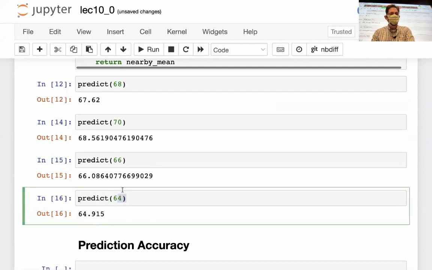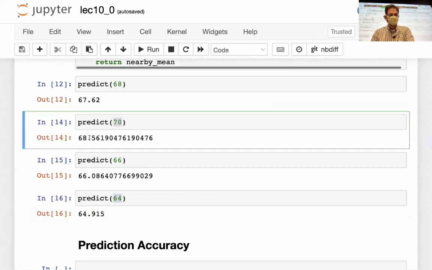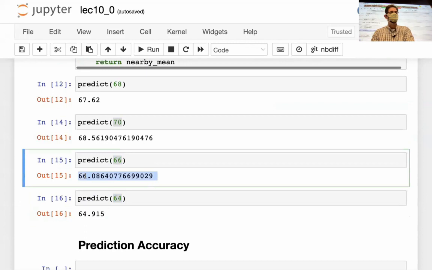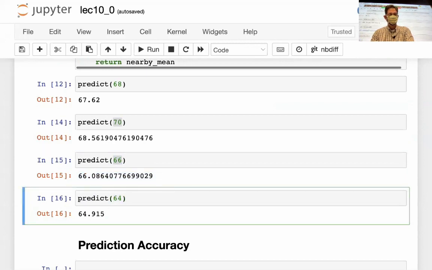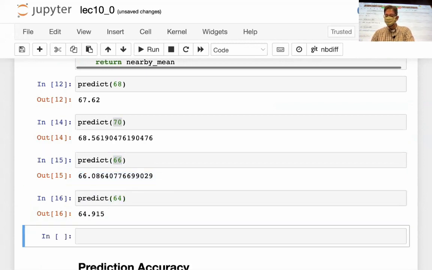So it seems like on the low end of the range, this is a little bit higher than what we started with, and the high end of the range is a little bit lower than what we started with. And somewhere in the middle, it's about the same. What if we just tried it for, I don't know, everything?